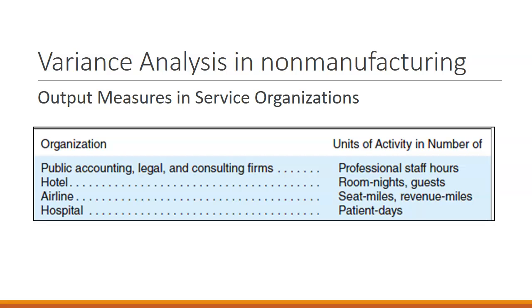We can also look at maybe how many hours it takes to clean a hotel room if we're looking at our labor for our housekeeping staff. In a hospital, we might also have number of beds in addition to patient days. There are a lot of different ways that we can break down these variances besides the direct materials and the production variances that we were looking at for a manufacturing company.